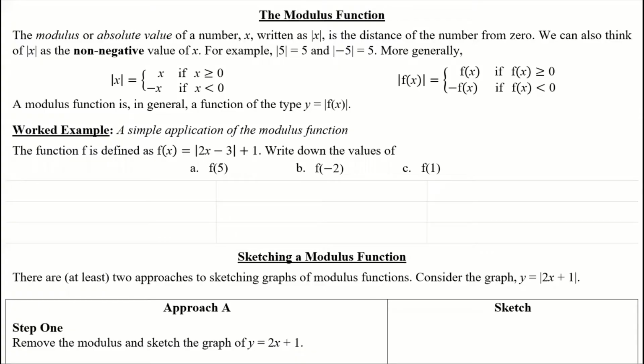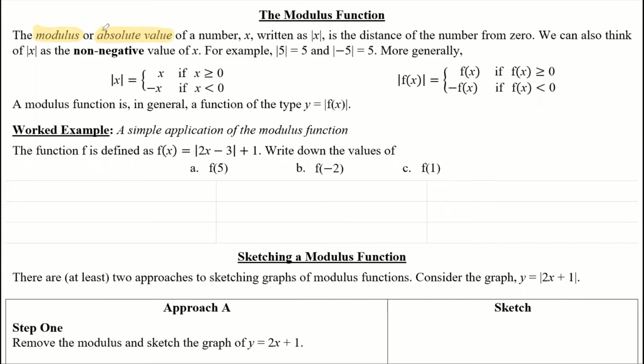Okay, so now let's take a look at the modulus function. What actually is it? So it's got two names essentially. So the modulus or absolute value, you can use either of those interchangeably, of a number x. So let's assume this is a real number x, and you write it as the number with two bars, one on either side.